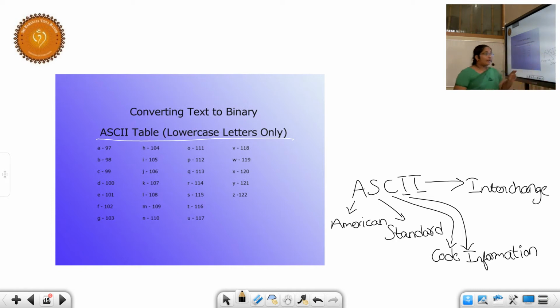So, what is ASCII? American Standard Code for Information Interchange.